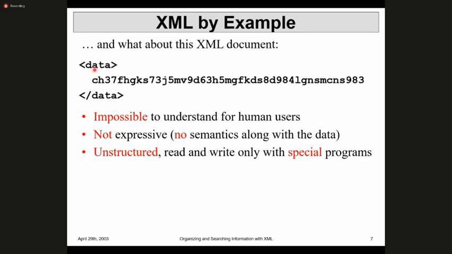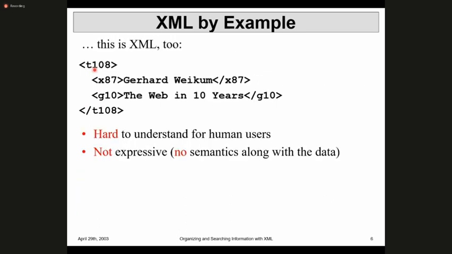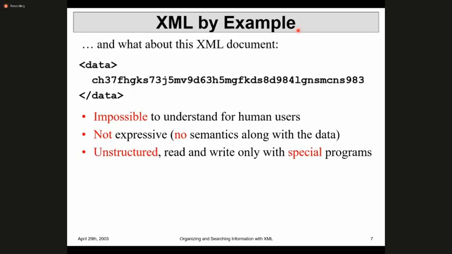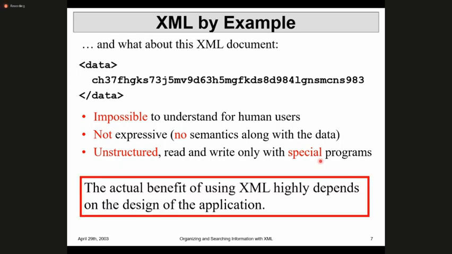This one is properly structured; by seeing this, you can see there's a proper structure. This is the start, this is the end, this is the start, this is the end. But by seeing this, you can see there's no proper structure. This can be read and written only with special programs. Not everyone can do that, right?